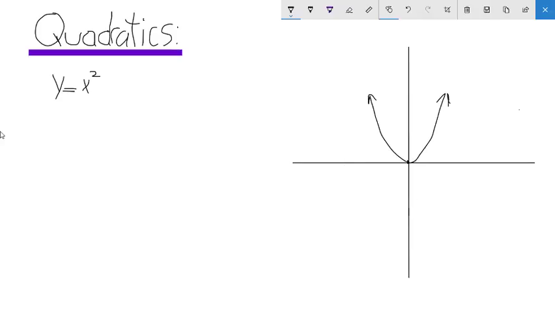So there are a couple ways of writing quadratics, just like there are a couple ways of writing linear functions. Like for a linear function, you have point-slope form, slope-intercept form. With quadratics, you have standard form. Let me go ahead and write this down.